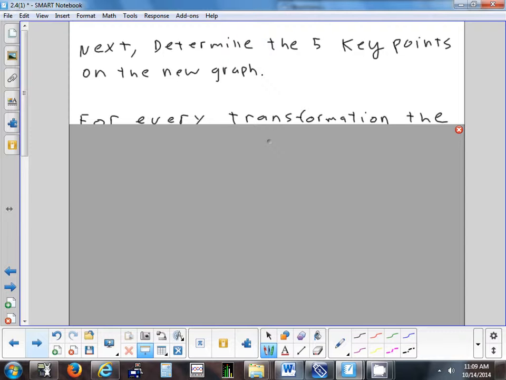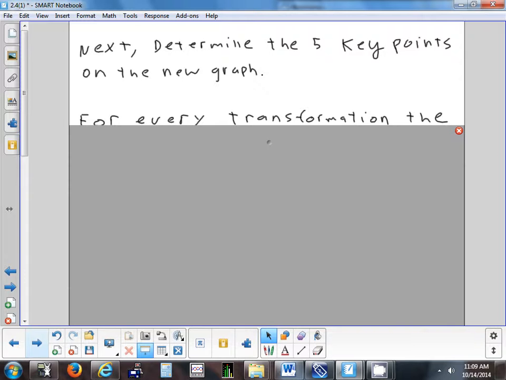After you have your original table, next you have to determine where those 5 points moved to when I transformed it. Did they move up? Did they move down? How did they move? For every transformation I give you, this isn't true in general, but for the problems I give you, I'm only going to change one thing.